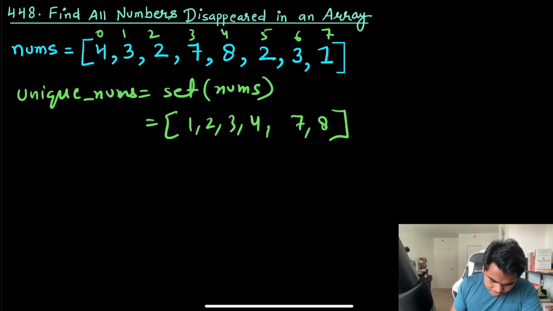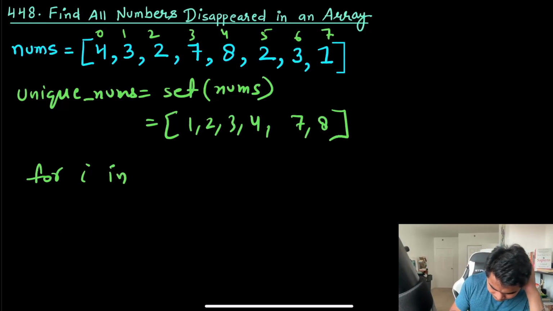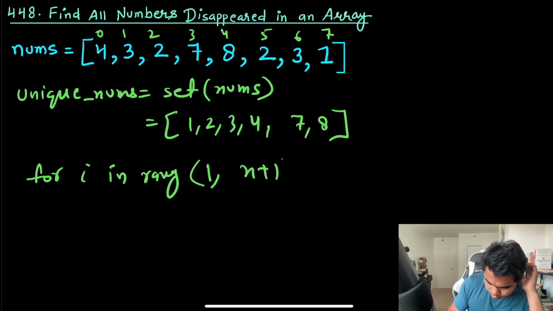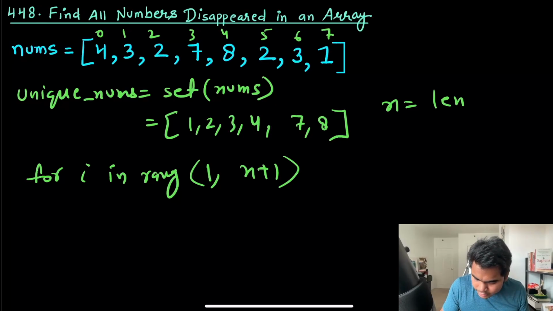And then I can simply run a for loop for i in range from 1 to n plus 1, where n is the length of this nums.